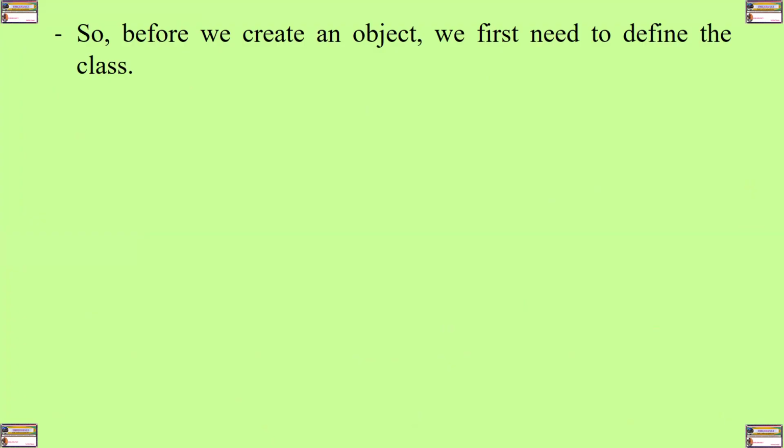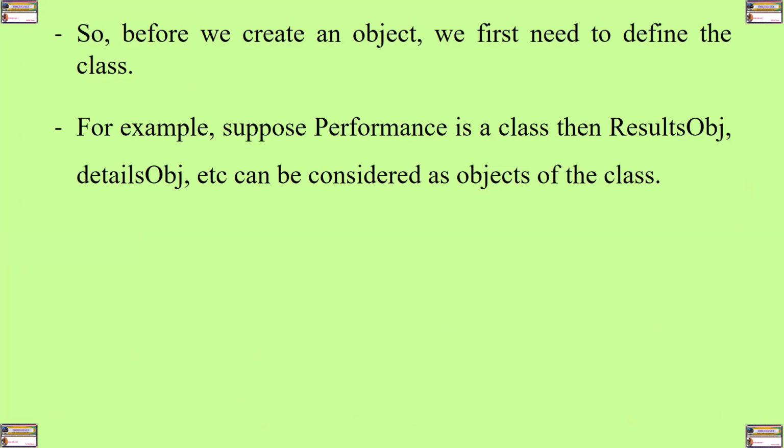So, before we create an object, we first need to define the class. For example, suppose the class called performance is defined. Then we can declare objects of that class by names such as results object, details object, amongst others.